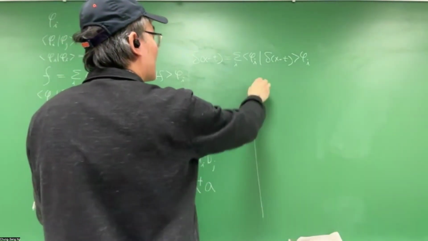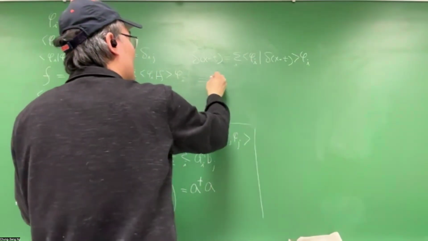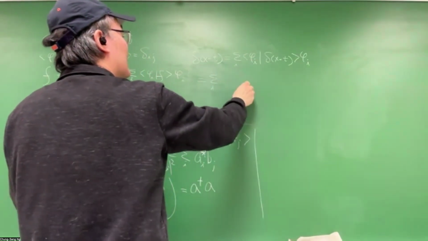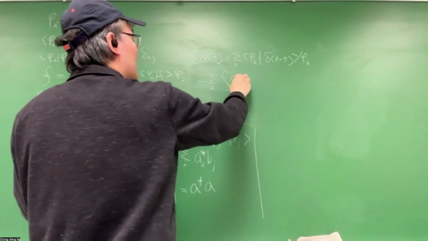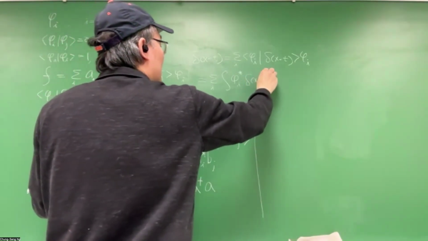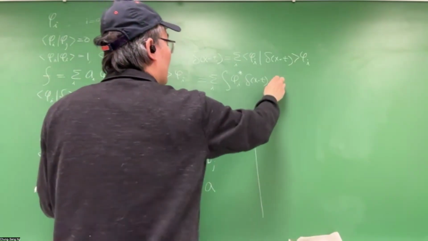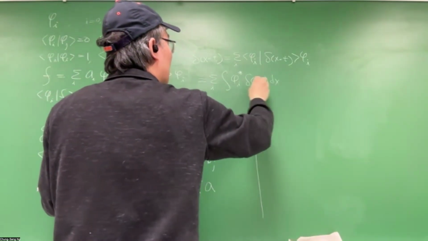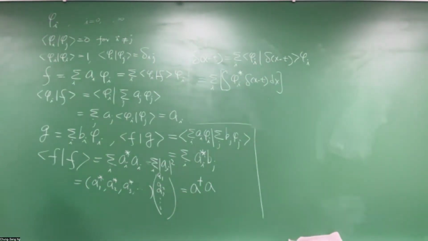See, this coefficient, if I write the usual definition, is phi I equals the integral of phi I times delta x minus t, dx. That is this scalar product.